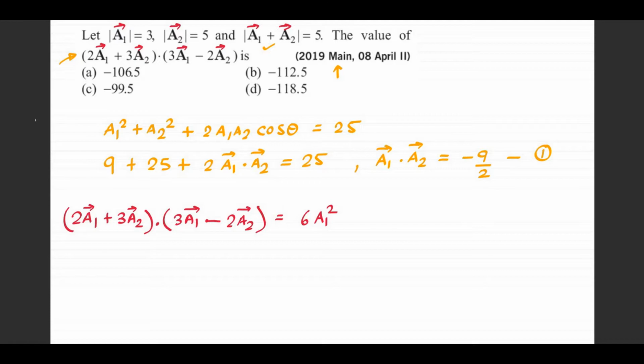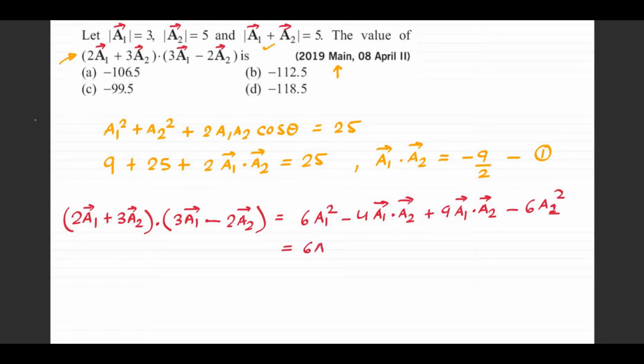I have already discussed that will be A1 square. It will then be minus 4 into A1 dot A2 plus 9 A1 dot A2, because you do A1 dot A2 or you do A2 dot A1, that is same. And last will be minus 6 into A2 dot A2, that will be A2 square.